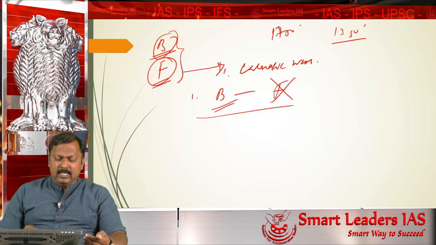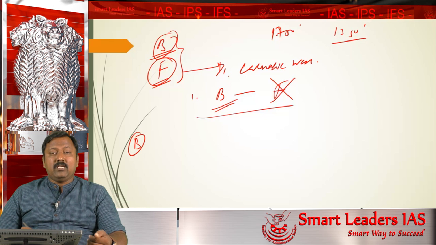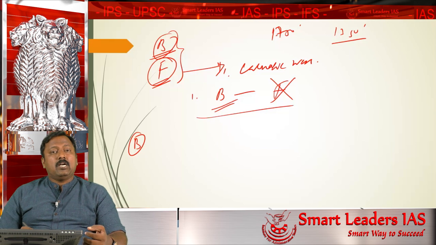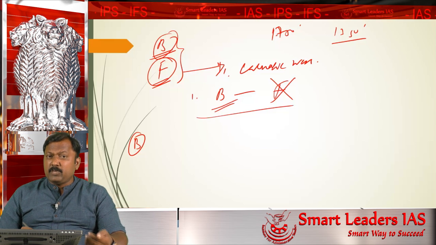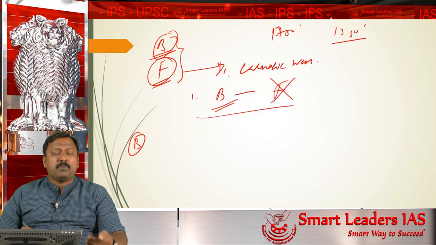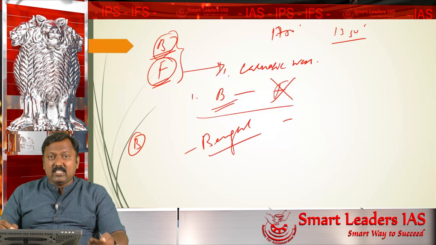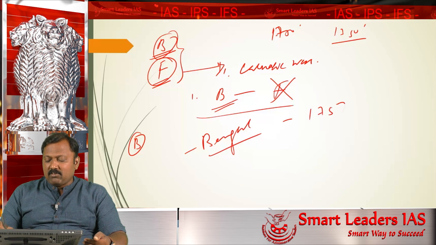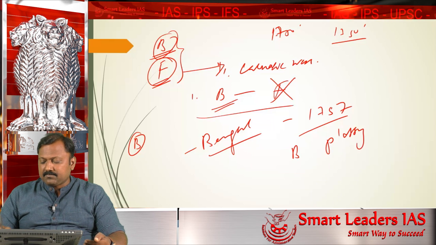Then after this, the British company, having established their monopoly, wanted to establish political control over the provinces in India. The first experiment of this political control by the British East India Company was tried in Bengal. The result was that in 1757, a battle emerged which is called the Battle of Plassey.